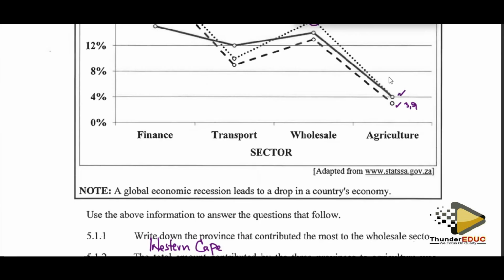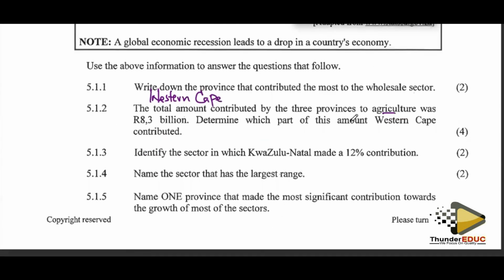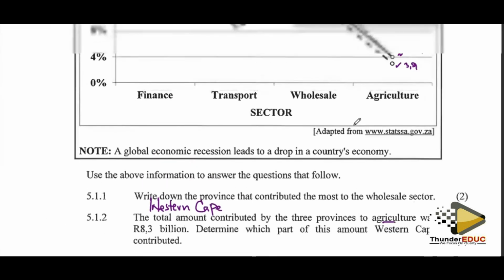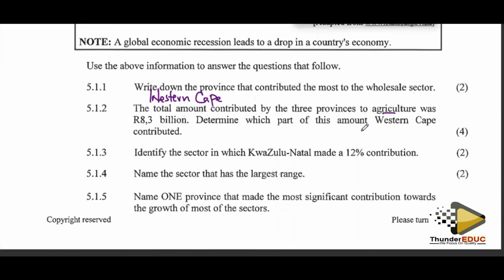Then these two contributed 4 and another 4. You see? So in other words, let me see. We shall say the 3 from KwaZulu-Natal, Western Cape, you end up having 11%.